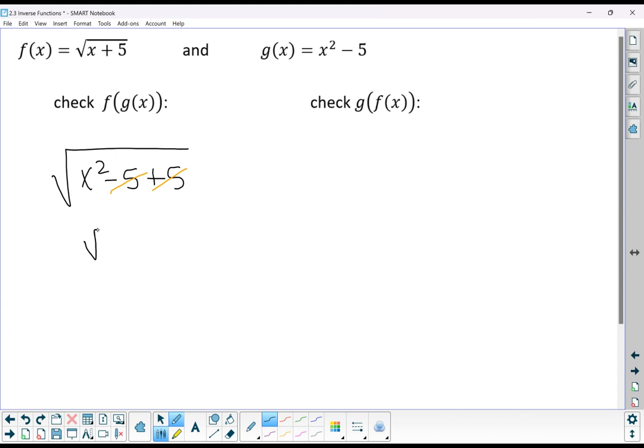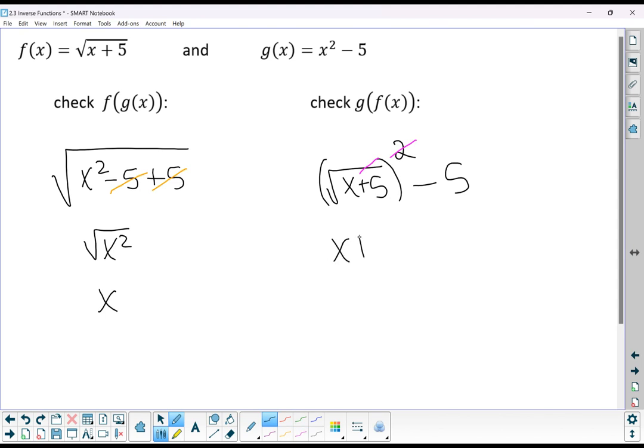And so we have the square root of x squared, which simplifies to x. So that one worked. And then we have function g, which is the input squared minus 5. We're inputting root x plus 5. Well, the root and the power cancel, so I have an x plus 5 minus 5, and that is just x. So yes, these two are inverses.